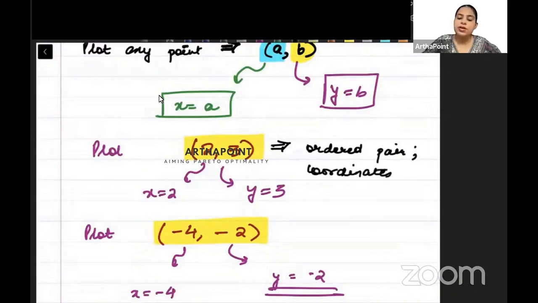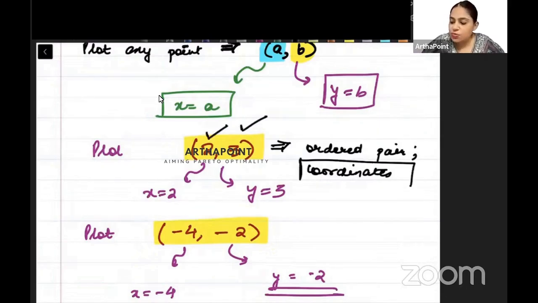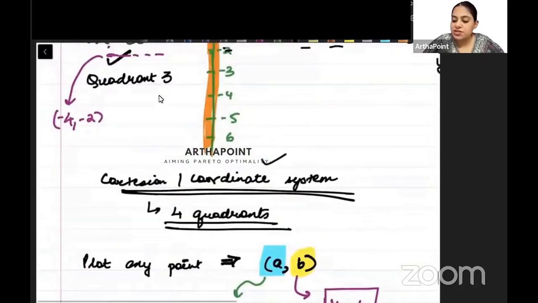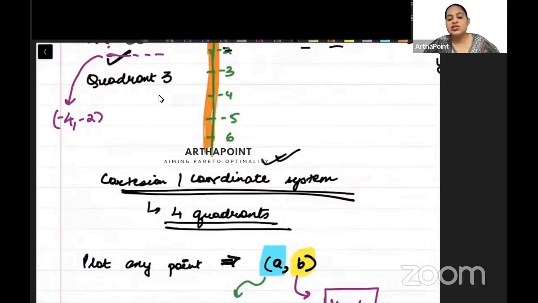Ordered pair means it is in an order. First it gives the value of x and then y. It is in a particular order. And coordinates, why beta? Because it is in a coordinate system, in a coordinate plane. So these dots, these points are called coordinates.